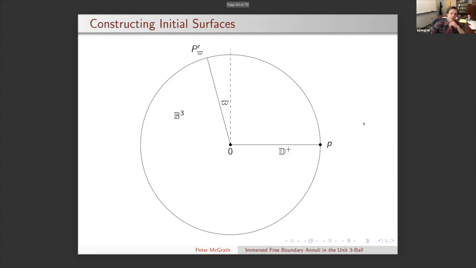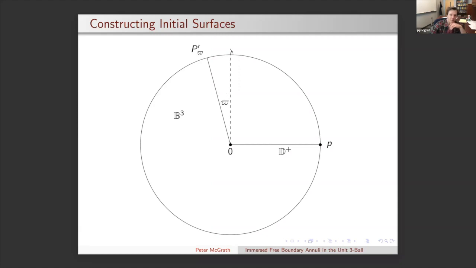The surfaces that we construct depend on a small positive parameter, varpi, and geometrically varpi corresponds to taking a small angle in the vertical plane that's orthogonal to the plane containing the disk. I take that orthogonal plane, which is dotted here, and take another plane that's inclined at angle varpi from that plane.